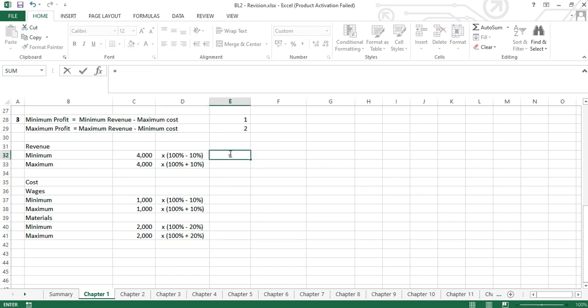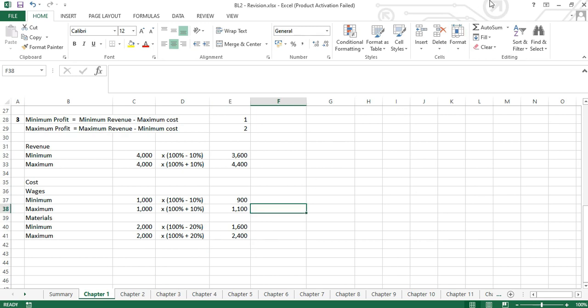Okay, let's calculate. So this is 4000 into 90%, 4000 into 110%. 1000 into 90%, 1000 into 1.1. 2000 into 80%, 2000 into 1.2. Now take your totals. So this is the total. Now let's calculate formula 1 and formula 2.